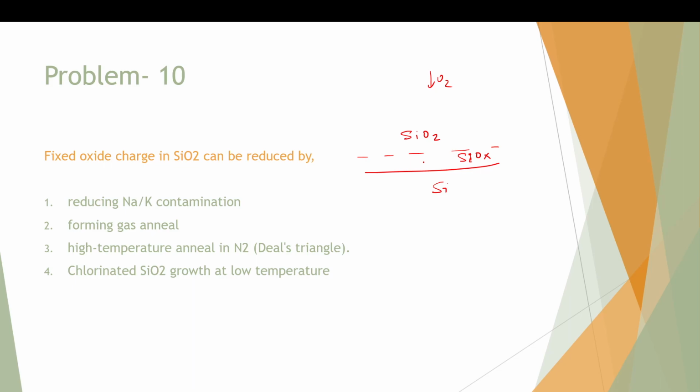So how can we reduce these defects? How can we make this perfectly SiO2? Reducing sodium potassium contamination will definitely not work, because it's not because of that. Forming gas anneal: forming gas is basically H2 in N2, some 10% H2 in N2.